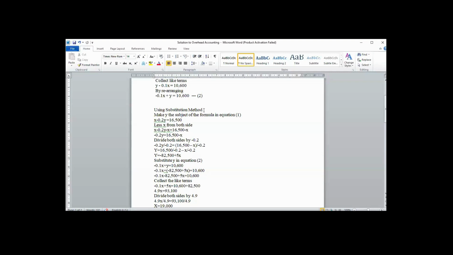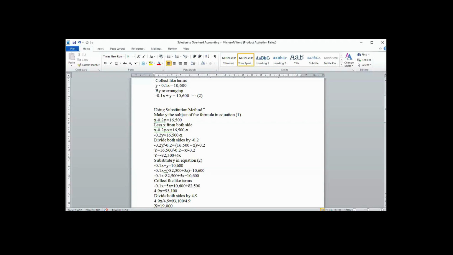Then from there, we now say make Y the subject of the formula in equation 1. You bring out your equation 1. What is our equation 1? X minus 0.2Y equals 16,500. We are saying we should make Y the subject of the formula, so we need to remove everything that will disturb that Y. The first thing to remove is X. X has a positive value.